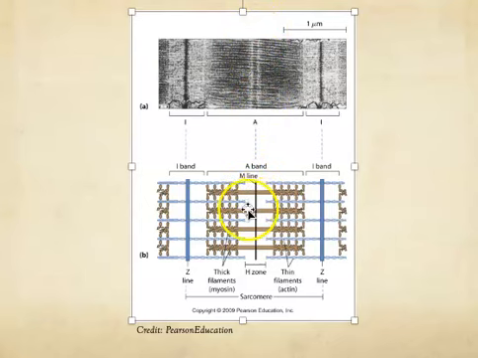The H zone is an area where only thick filaments are found, and it's an area where those thick filaments have no globular heads jutting off. The M line, again, is where those thick filaments are anchored. And finally, we have the I bands.